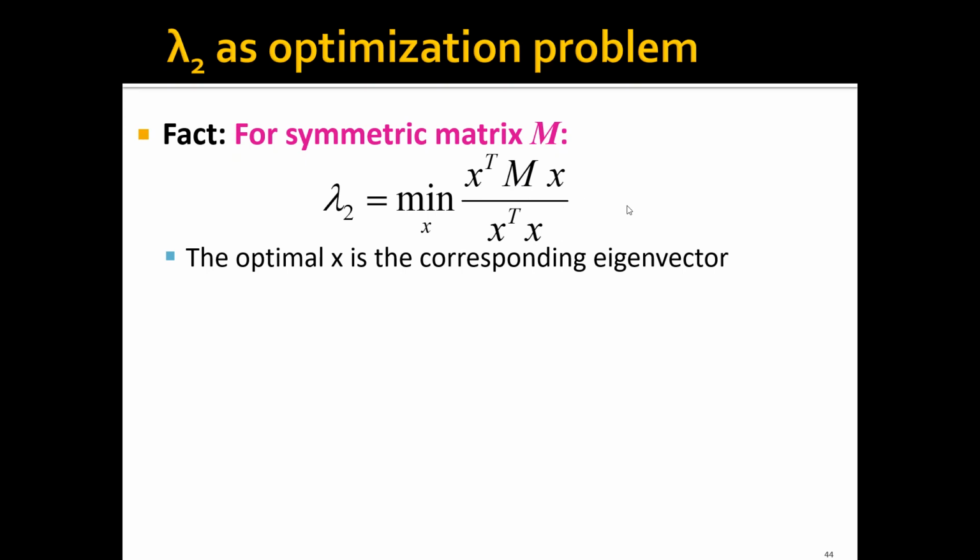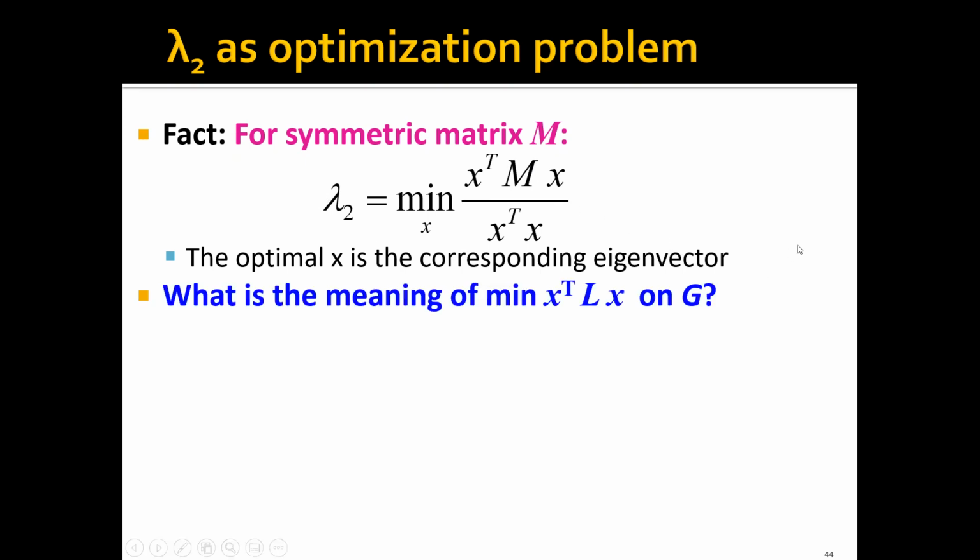And more interestingly, the optimal x to minimize this objective function is the corresponding eigenvector for this lambda 2. So what is the meaning of minimizing x transpose times the Laplacian matrix L times x on the graph G, where this L corresponds to the matrix M here?